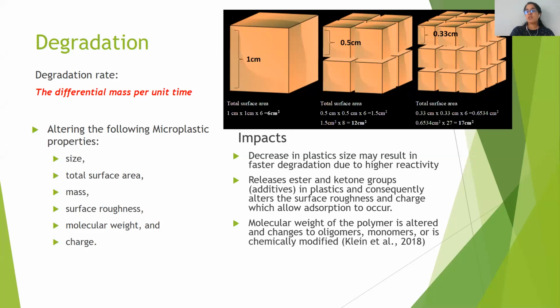It changes the molecular weight of a polymer, so it's chemically modified from a polymer to an oligomer to a monomer. So it's now no longer a polymer. So what are we working with?